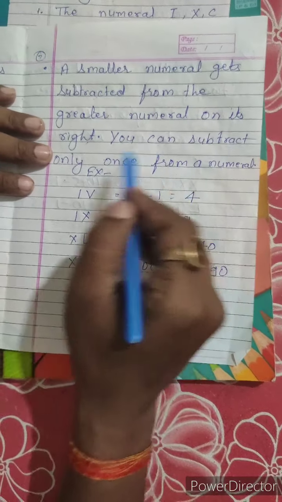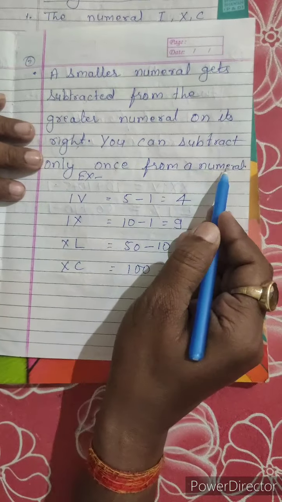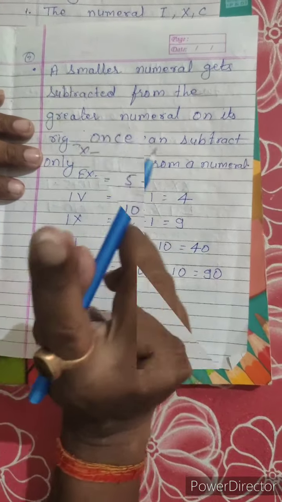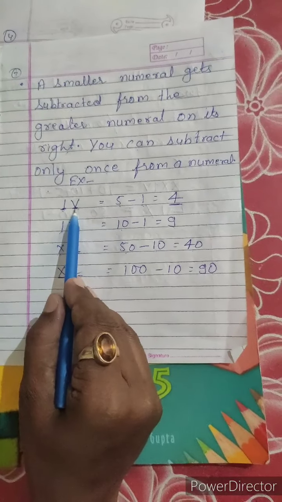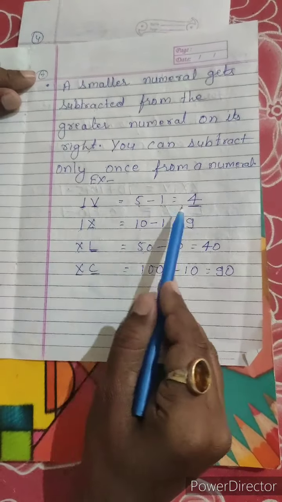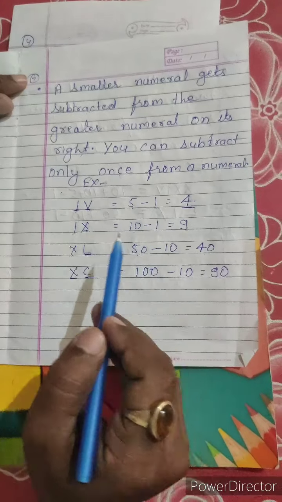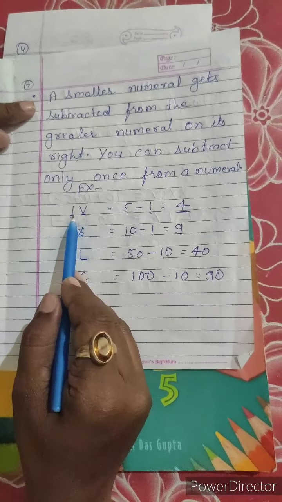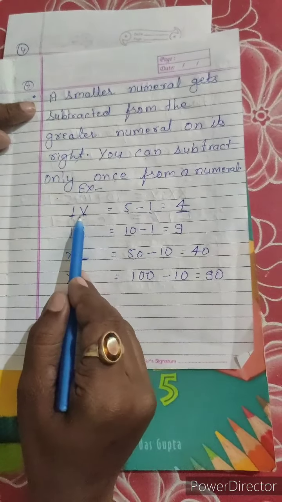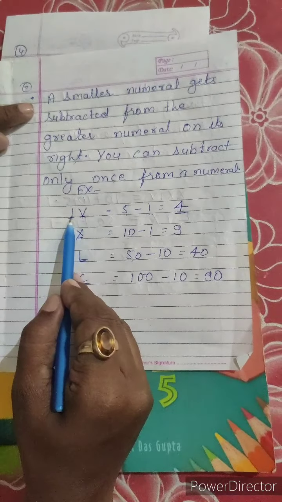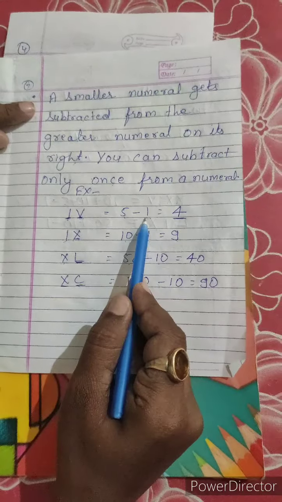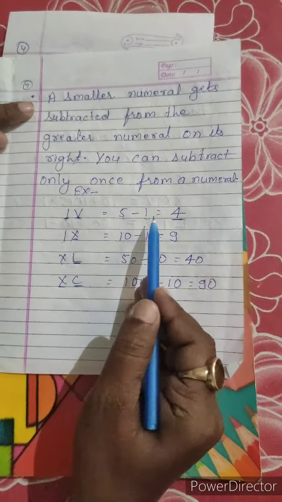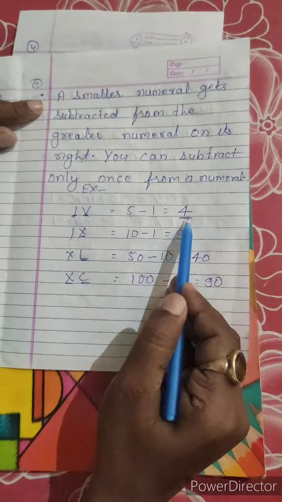You can subtract only once from a numeral, means only one time. Take an example, IV, and the value of IV is 4. How is it 4? I is written on the left side of the V, so it gets subtracted. So when we subtract 1 from 5, the value becomes 4.